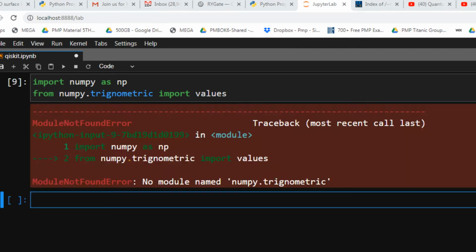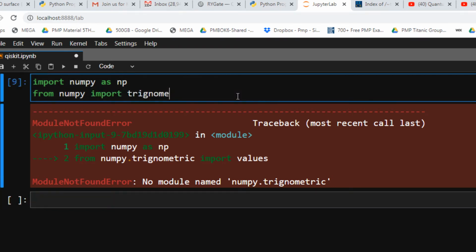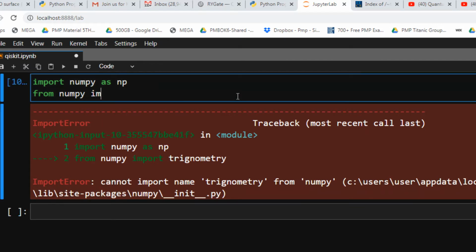Okay, so this is not supported, so I'm going to say from numpy import trigonometry. Let's see. This is not supported. Import sin, cos, tan. Let's see. Okay, so this is supported. Now I'm going to say from numpy import calculator.